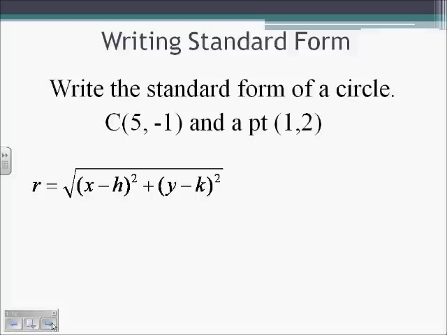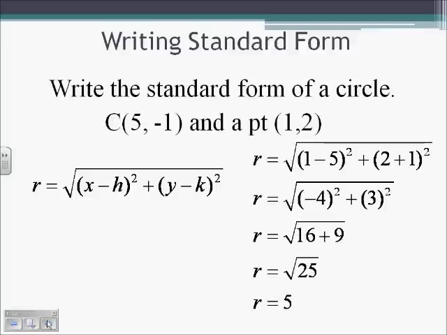That's just manipulating the standard form of our circle equation. We can plug in our h and our k from C, and we can plug in the point that they give us, the 1 and the 2. And then we solve that. Negative 4 squared plus 3 squared is going to be equal to the square root of 16 plus 9. So r is going to equal the square root of 25, which is 5.